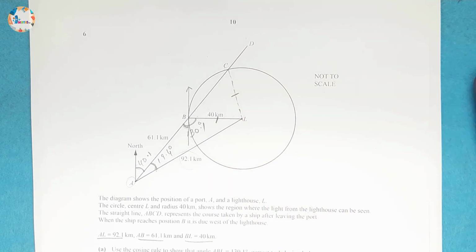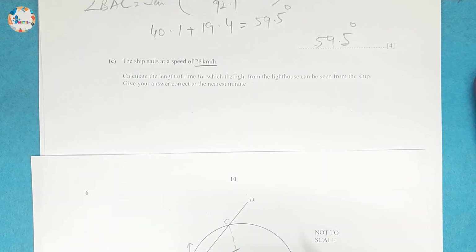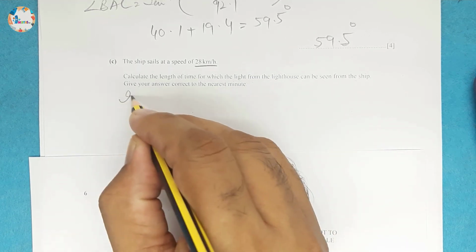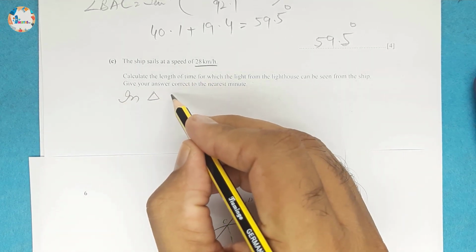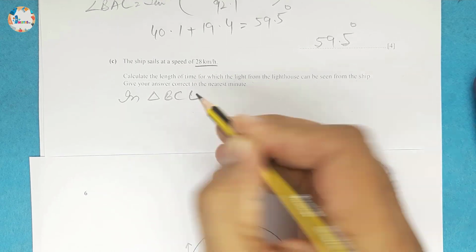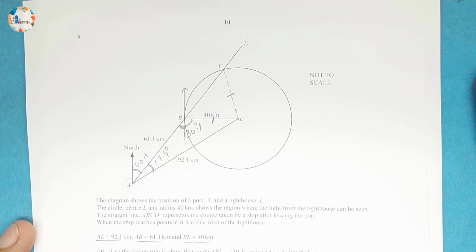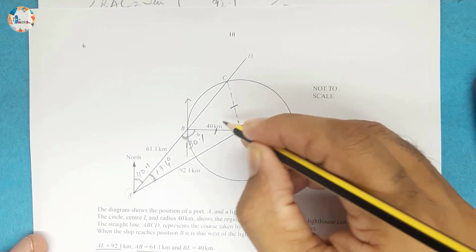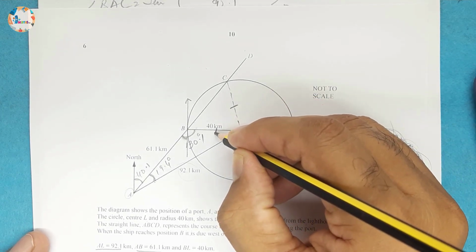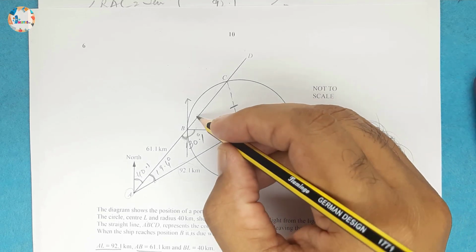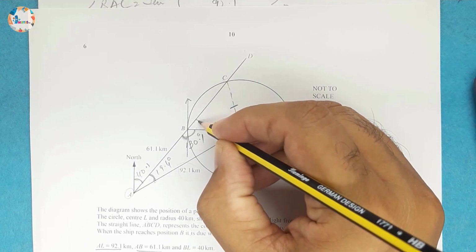So BCL will be a triangle. We can apply this angle, this side is equal to this side, and we can apply the cosine rule before that.